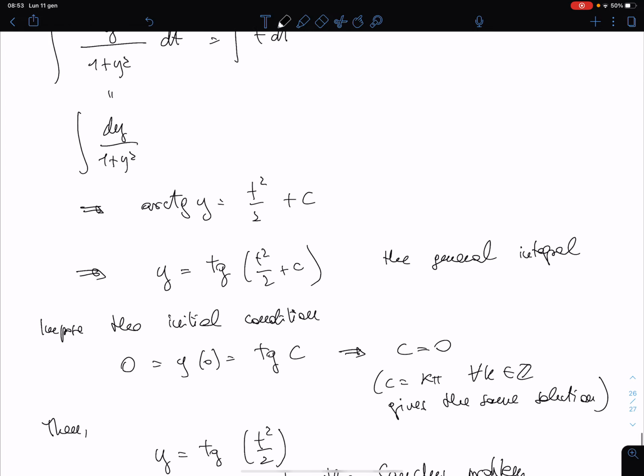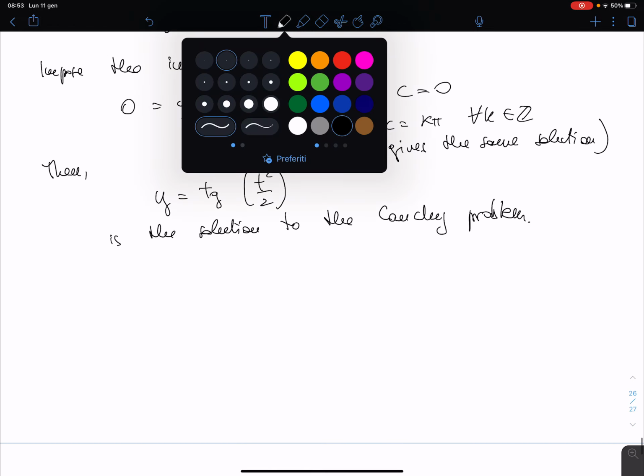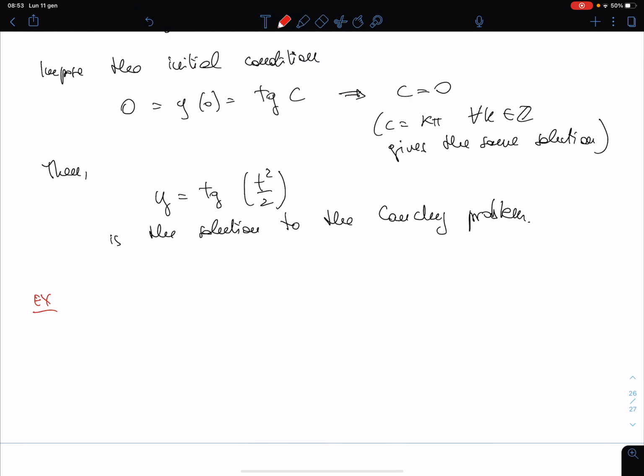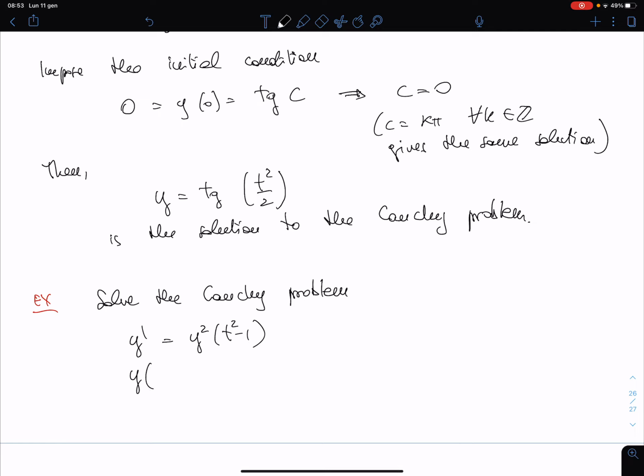But there is another possibility. Example 3: solve the Cauchy problem, for instance, y prime is equal to y squared minus 1 times t, or rather t squared, y squared minus 1, and y of 3 is equal to 1.